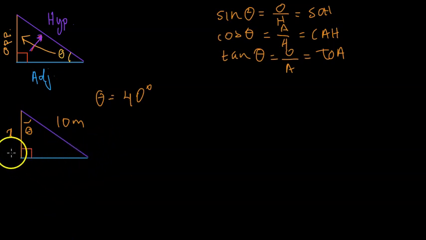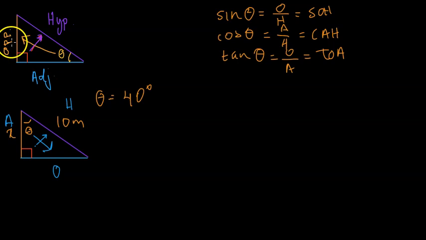Okay, so the first thing that you should be doing when it comes to these is just labeling your triangle. The side length that's opposite this right angle is the hypotenuse. The side length that is directly opposite angle theta is our opposite side length, and the side length here that is adjacent to our angle theta, right next to it, is our adjacent side length.